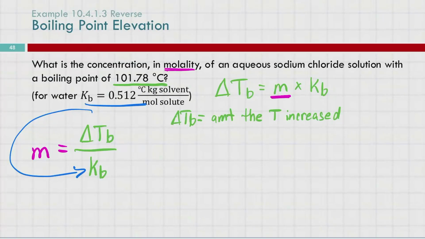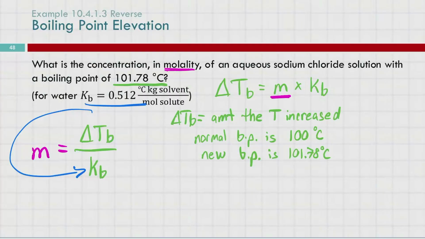So what is the normal boiling point of water? Normal boiling point is 100 degrees Celsius. The new, elevated boiling point is 101.78 degrees Celsius.